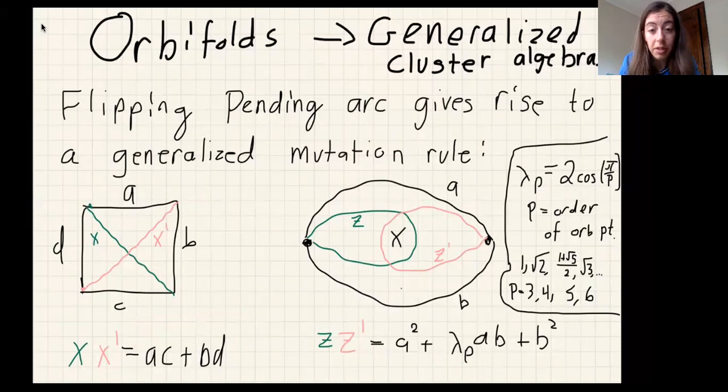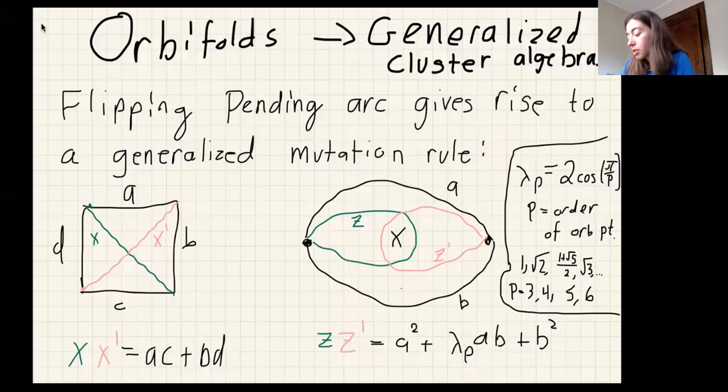This 2-term relation, and like I said, it looks a lot like normal cluster algebra mutation. However, and we will go in a little more detail as to where we get this relation on the right, but when you mutate your pending arc and you check the lengths using some geometry, they're actually related by a 3-term relation.